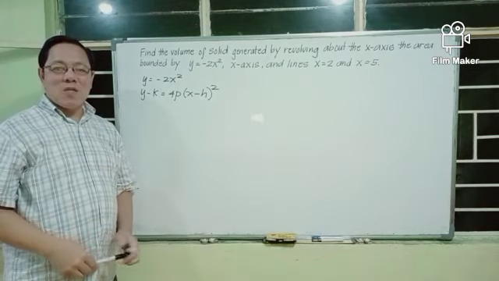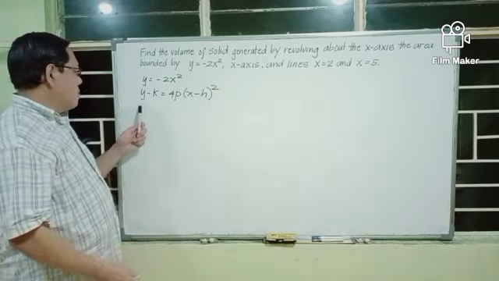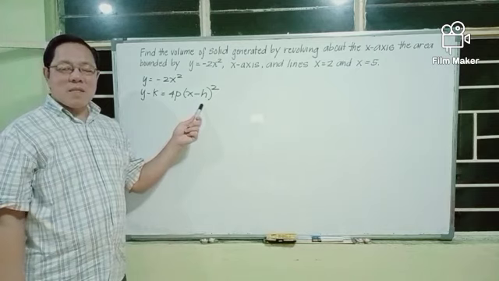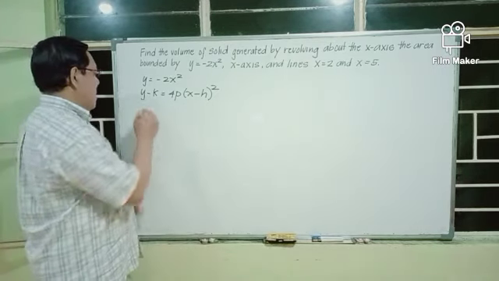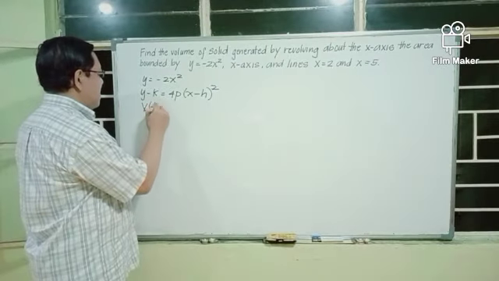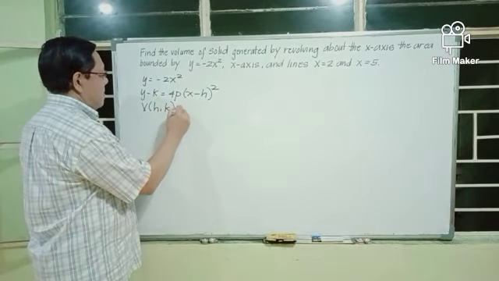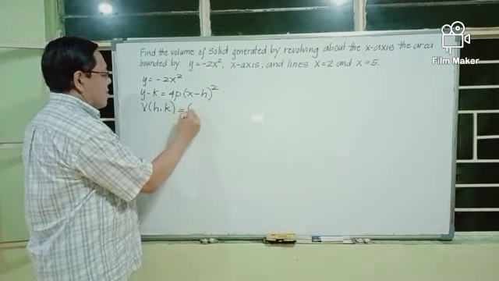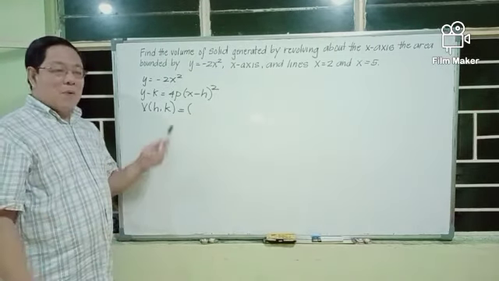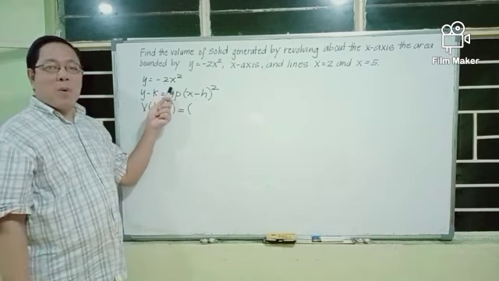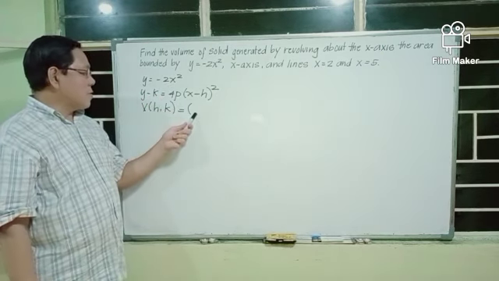If the given equation of the parabola is of this form, the vertex is found at the point (h, k). And in the given problem, the vertex of the parabola with this equation is at the point (0, 0).